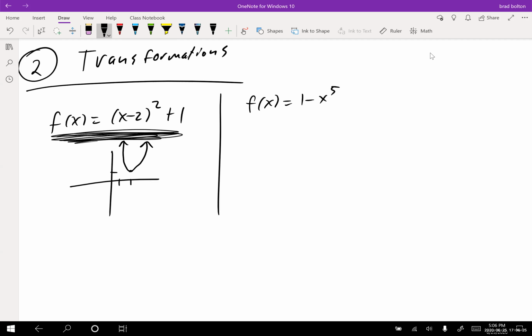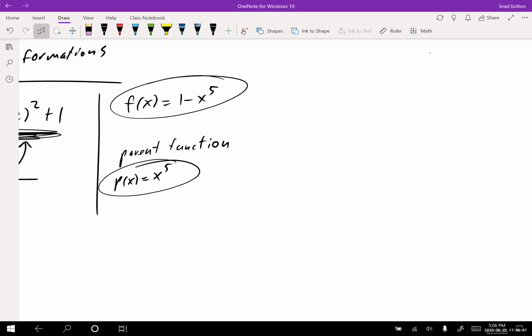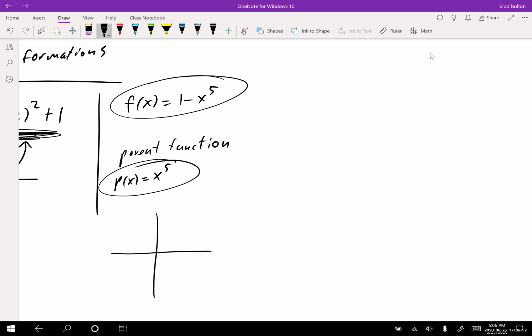So let's look at the base function, the power function of this. So let's say that we look at the parent function, or we compare it to its power function, okay? And we would say some p of x is equal to x to the 5th. This guy is a manipulation of this. So what I'm going to do is I'm going to do a graph for this.